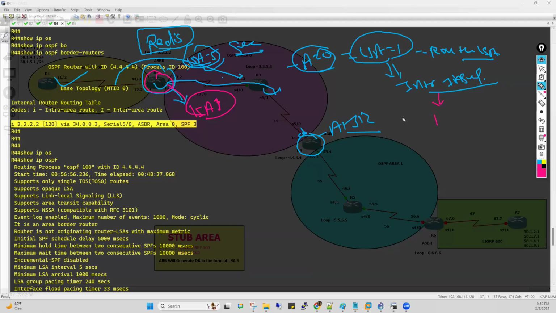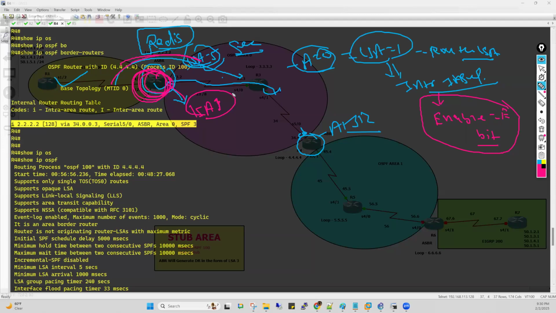So this router will enable the E bit. Why? Because this router is redistributing these routes. Right now, this router is performing redistribution, no? Yes or no? So this router will enable the E bit.